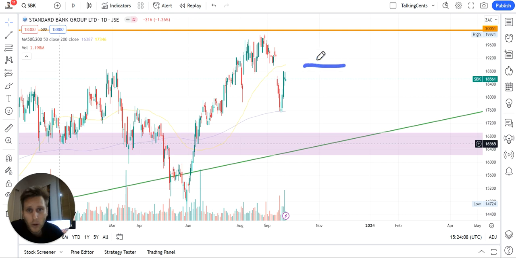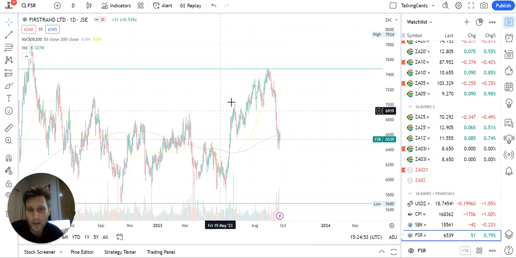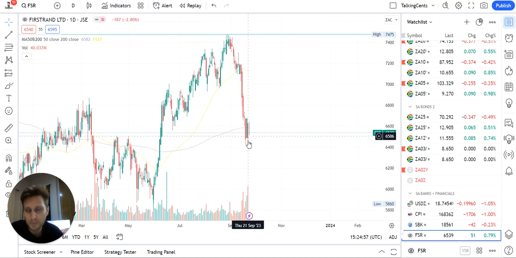Now, this fall in the share price, I don't think is particularly too concerning because I believe that it was a market sell-off and not a Standard Bank specific issue, which I can clearly see by the First Rand chart. You can see that same structure where the price just collapsed.